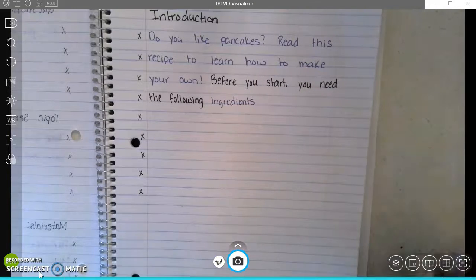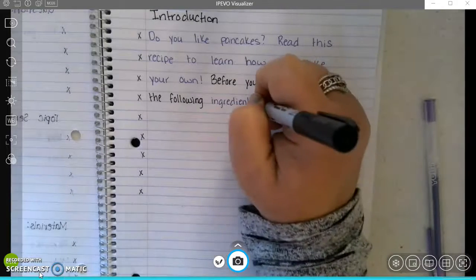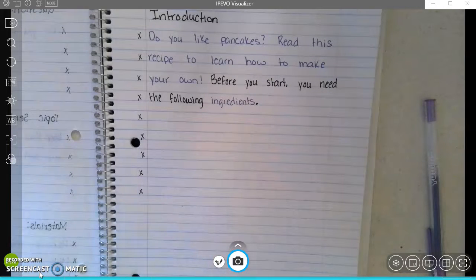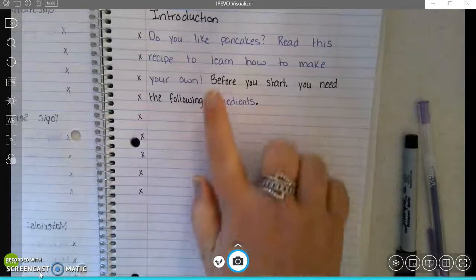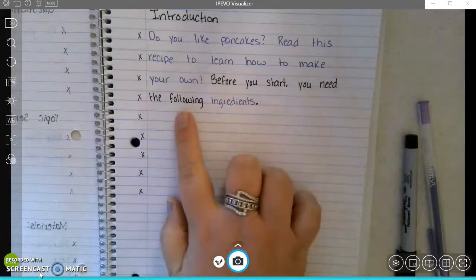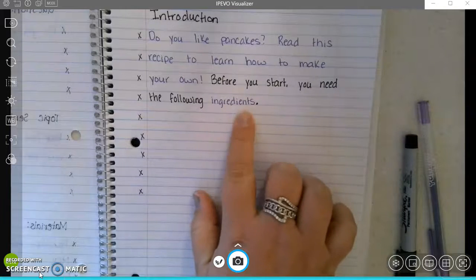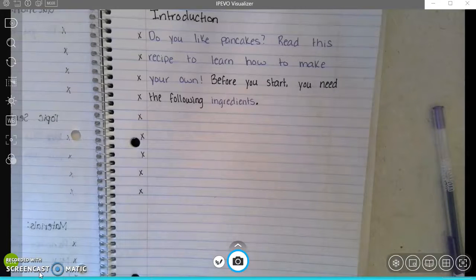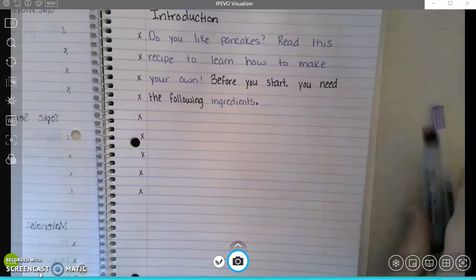You can write materials here. Before you start, you need the following ingredients, materials, supplies. You pick one. Actually, I'll lay all of those words out for you and you pick one.